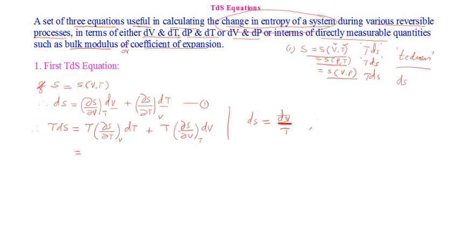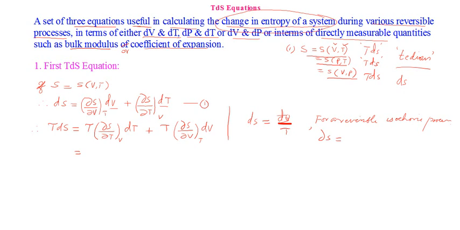So for a reversible isochoric process, you will understand why I am interested in such a process, I can modify this equation: instead of ds, I'll be writing dou s, and dou shows that I'm just taking the change in entropy with volume remaining constant.